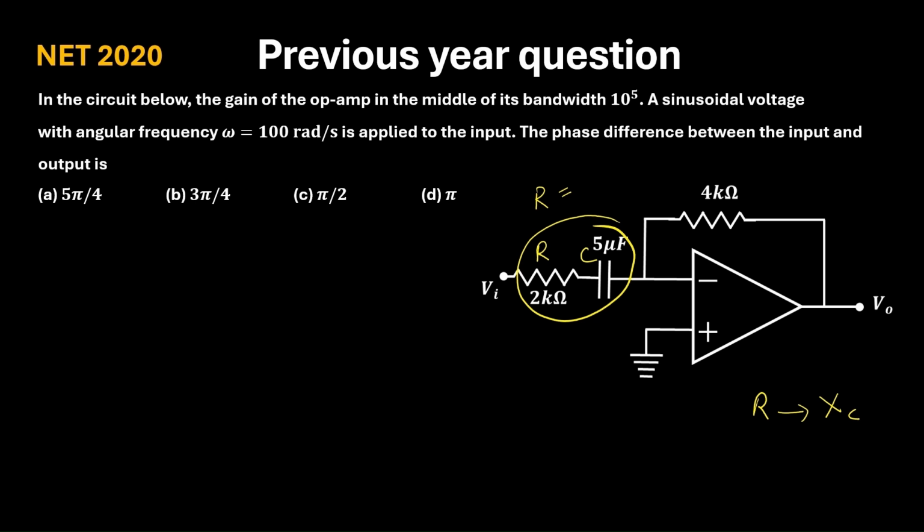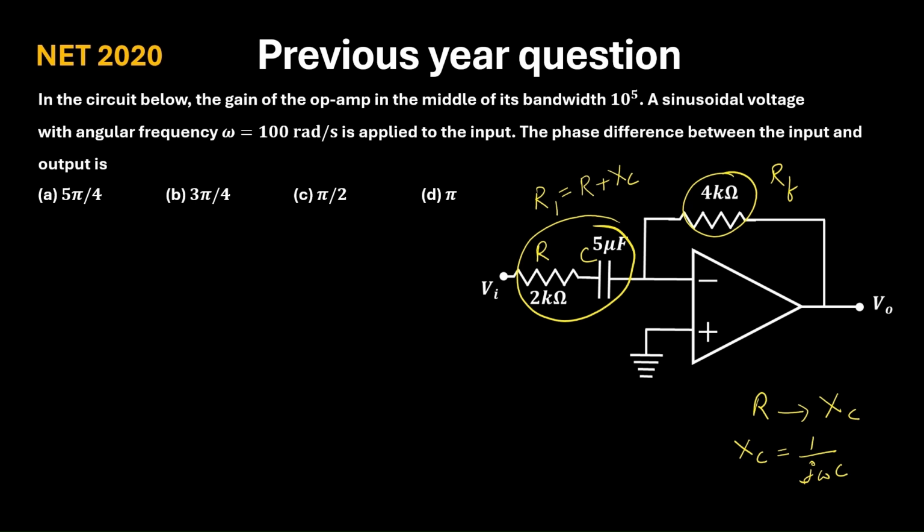So R1 will be equal to R plus XC, and this 4 kilo ohm, this is the RF. Now, here XC is equal to 1 by J omega C, where J is for the imaginary number.